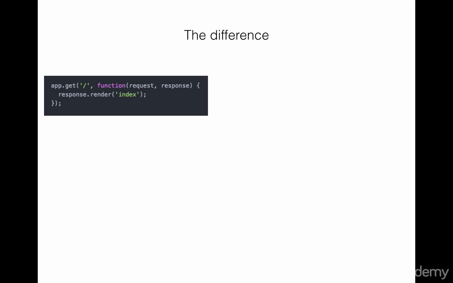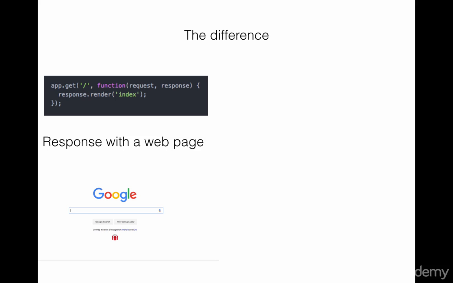As you can see, the code on the left side is responding with a web page. Let's assume that index.html is Google. So this on the left side is server-side rendering. This is not an API. Normally, you are just responding with a web page.